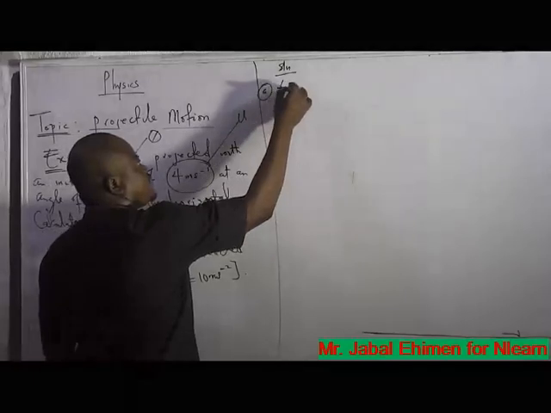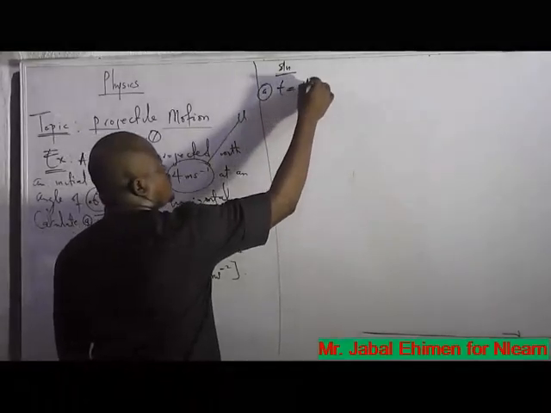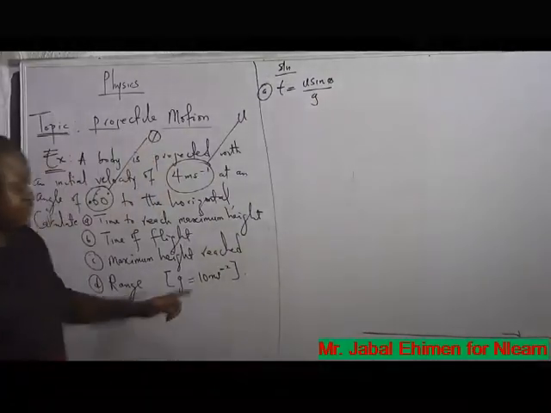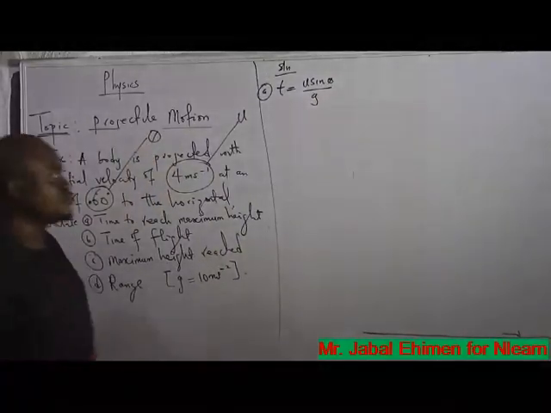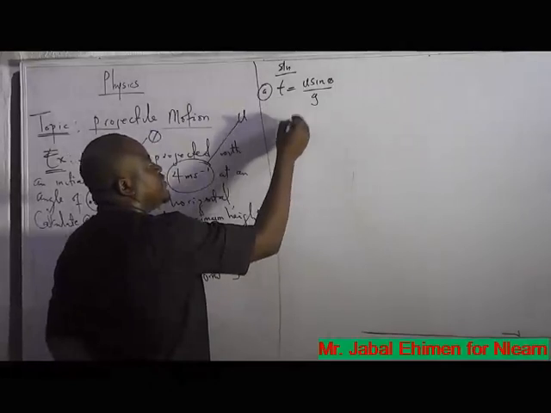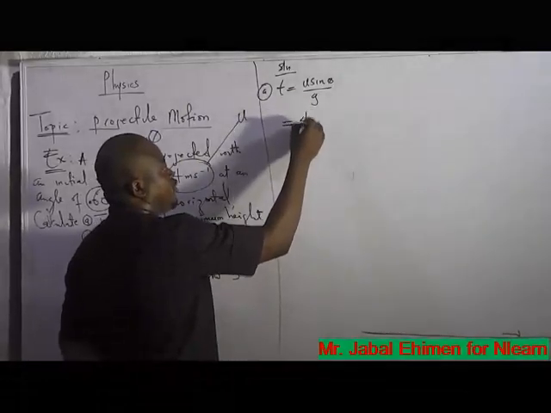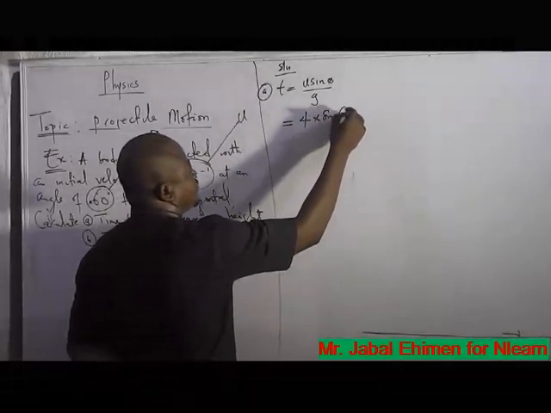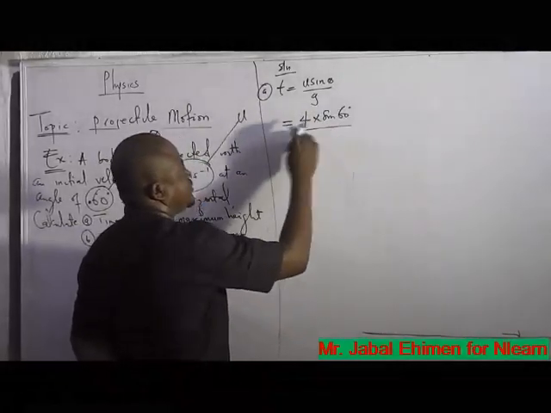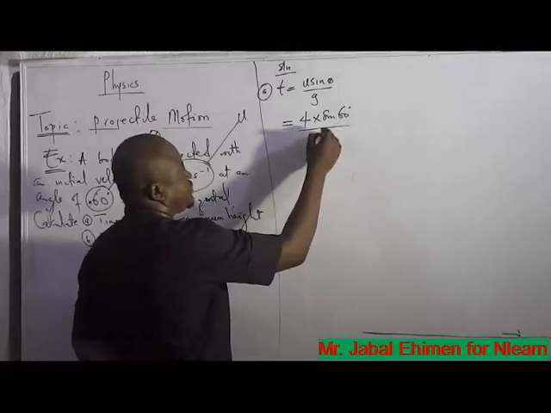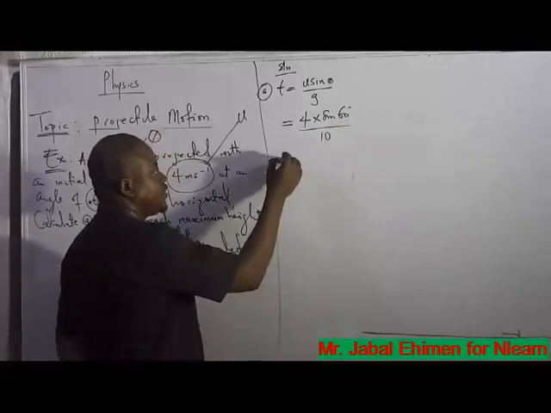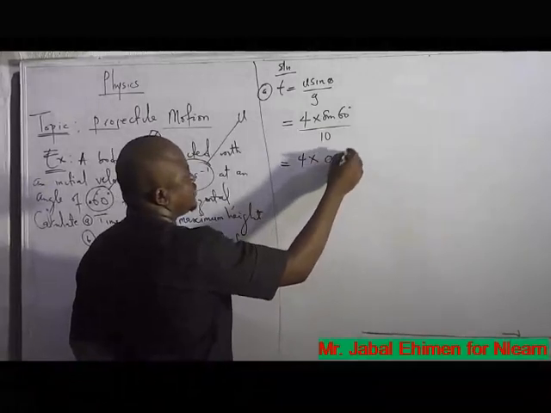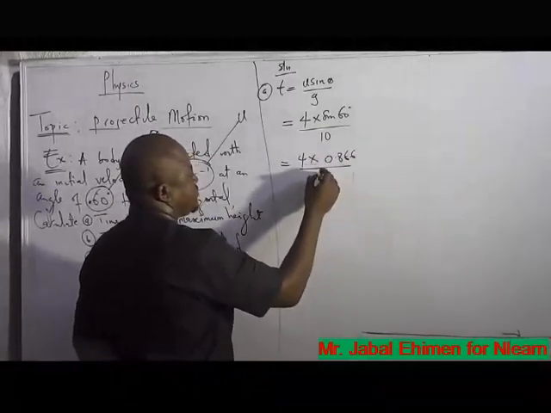If you remember, you have T is u sine theta over g. What's the value of g? That's 10 meters per second squared. Good. Now from here we have the value of u is 4 times sine 60 degrees divided by 10. 4 times sine 60 degrees is 0.866 divided by 10.